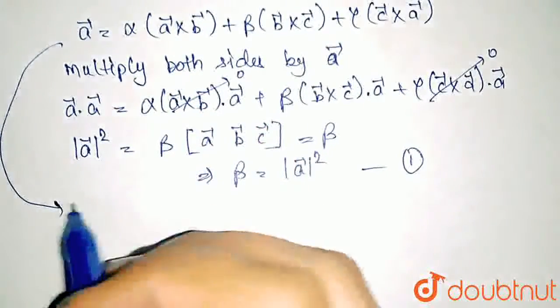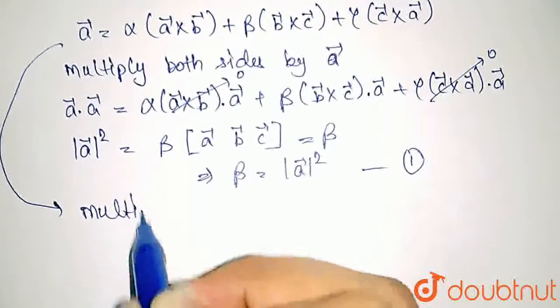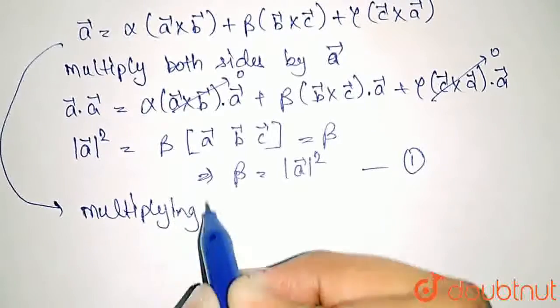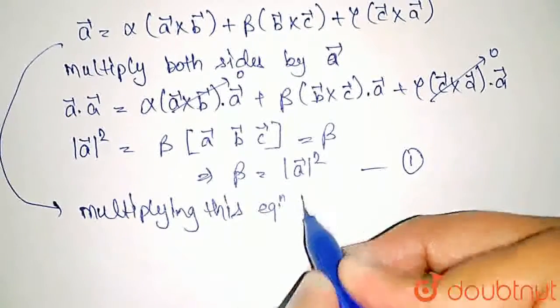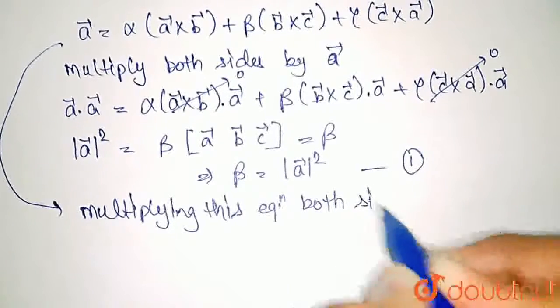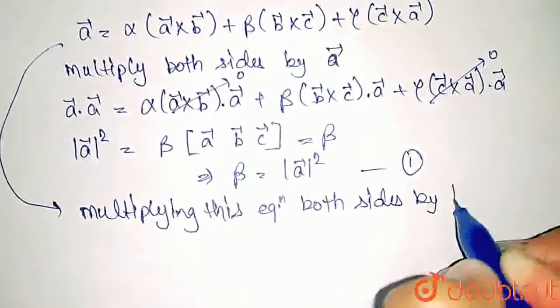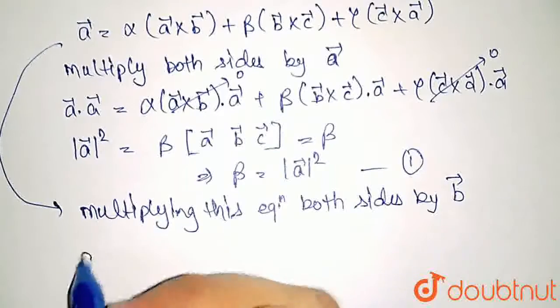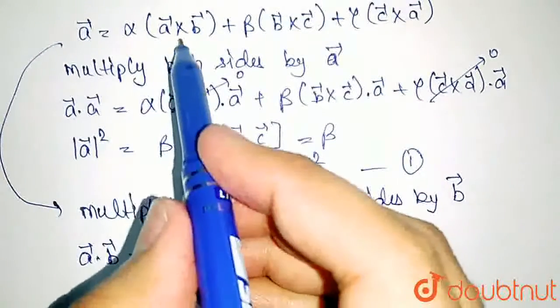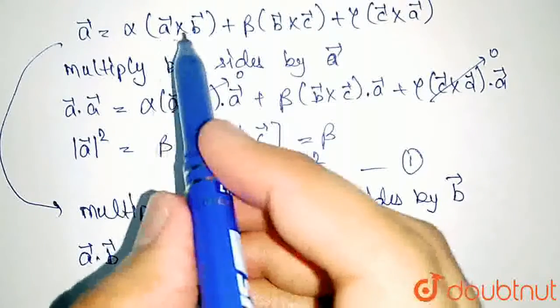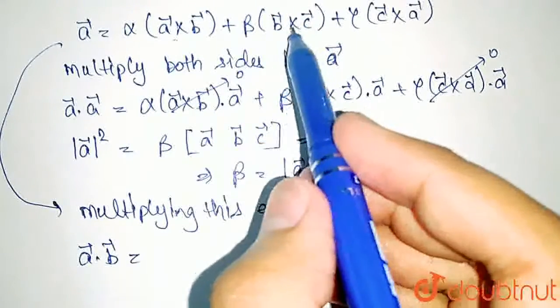again multiplying this equation both sides by B vector, what we'll get A dot B in the LHS, and in the RHS we'll get this expression would be 0 because A cross B dot B is 0 and B cross C dot B is also 0.